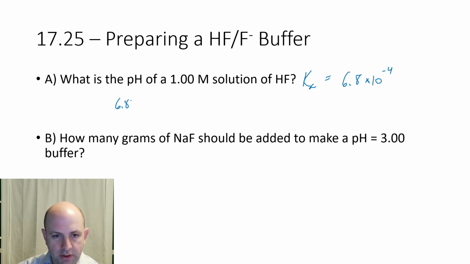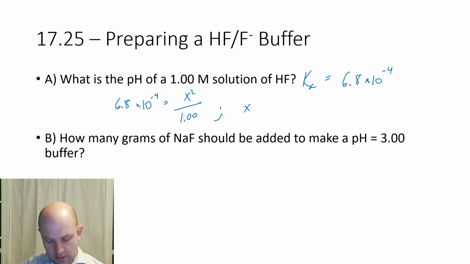Okay, 6.8 times 10 to the negative fourth is equal to x squared over our initial concentration, so 1 molar. That means when we plug that into our calculators, we'll just square root 6.8 times 10 to the negative fourth because it was times 1.